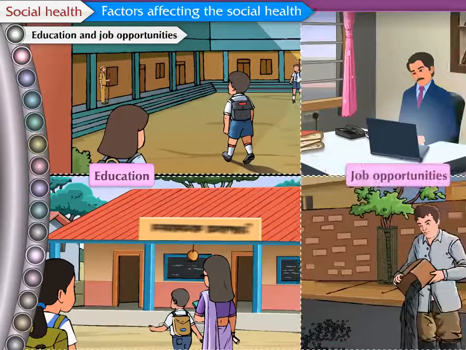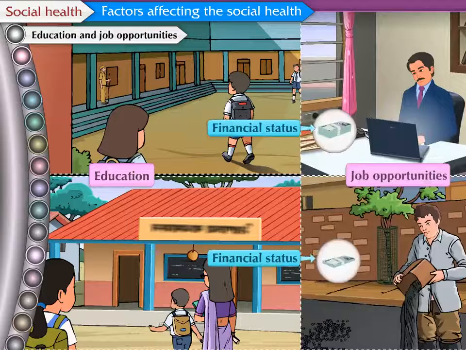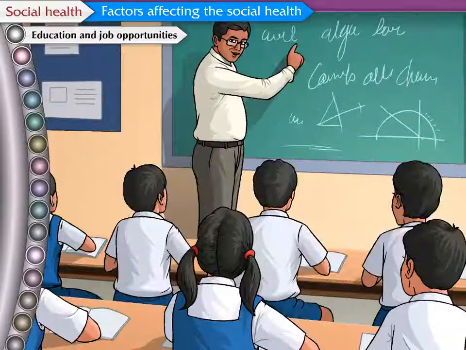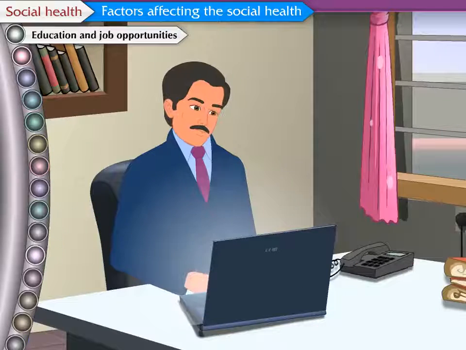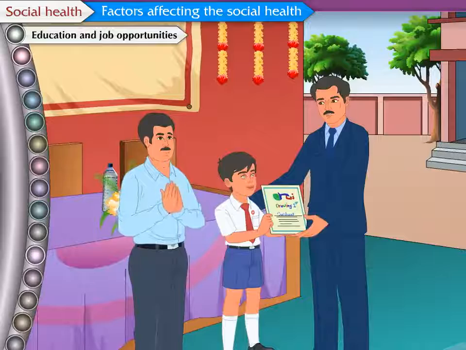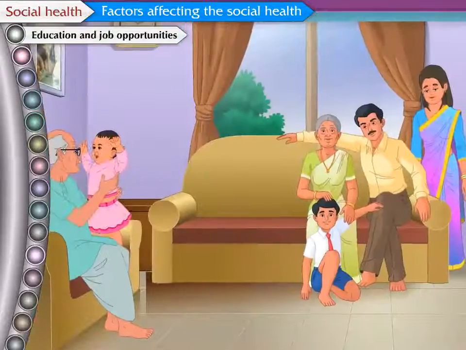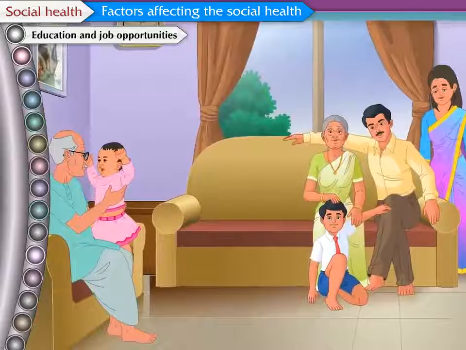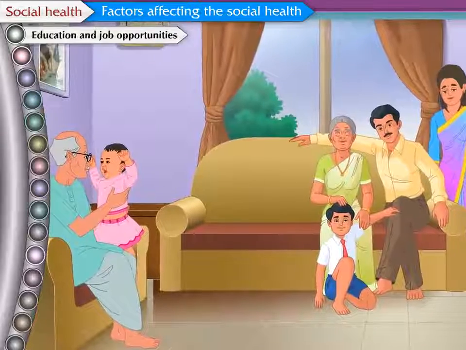Education and job opportunities decide the financial status of any person. A well-educated person has more job opportunities. The person becomes more confident. This enables the person to lead a happy personal and social life.